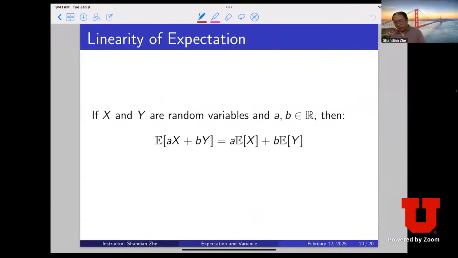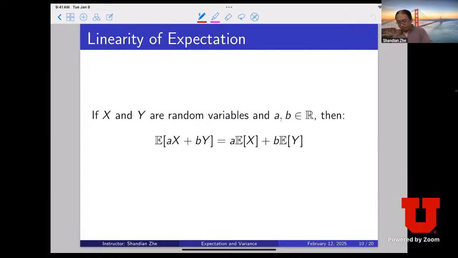So a very, very important property about expectation is called linearity. What does it mean? It means that if you do some kind of linear combination of a set of random variables and then take the expectation, you can first calculate the expectation of each random variable, then do a linear combination.